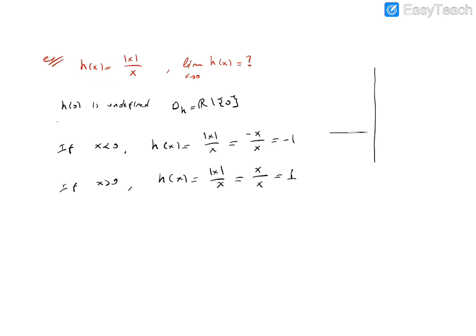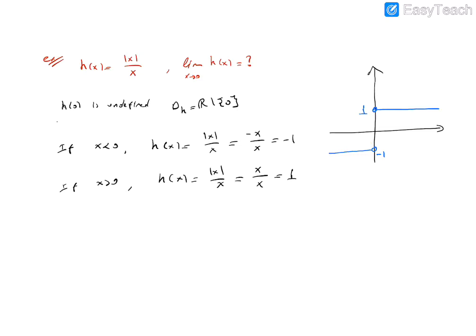So the graph of h of x is always 1 if x is bigger than 0. If x is less than 0, this is always minus 1. We use the empty point here. It's not a full point, because at the point 0 the function is not defined, it is not 1 or minus 1 or another value. So this is the graph of this function.